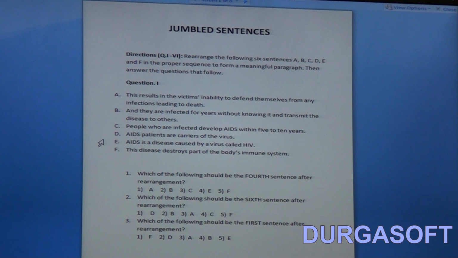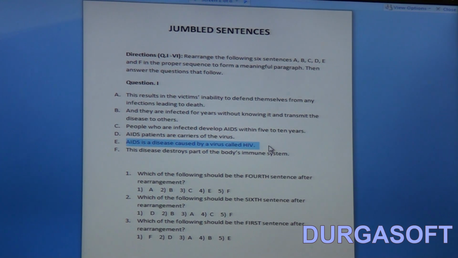E. Yes, that is right. E is the first sentence. Why? Because that statement introduces our topic. That statement introduces what AIDS is. So it is said AIDS is a disease caused by a virus called HIV. Right? So that is the first sentence.